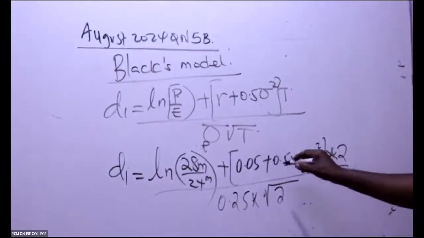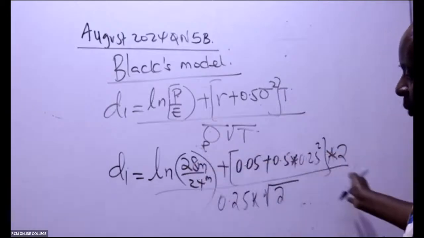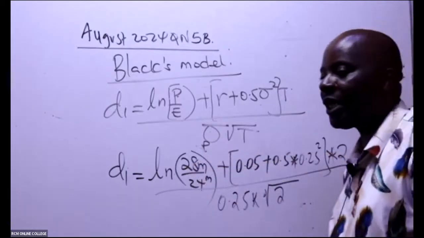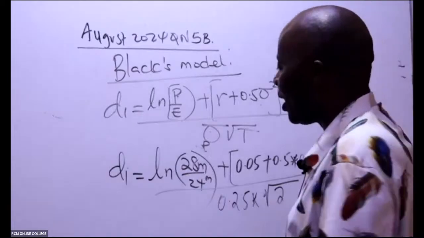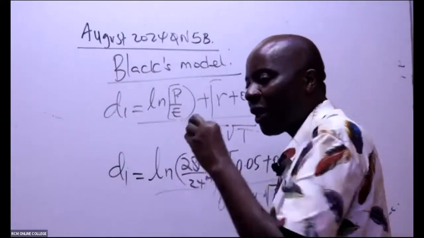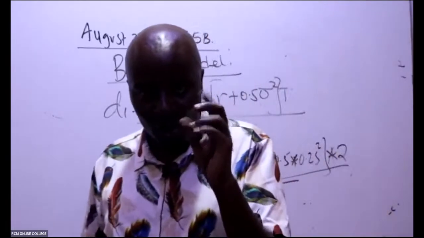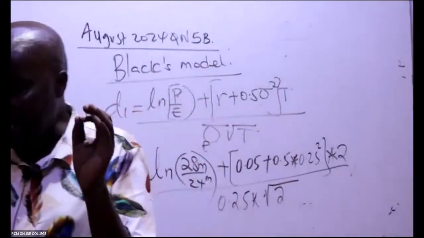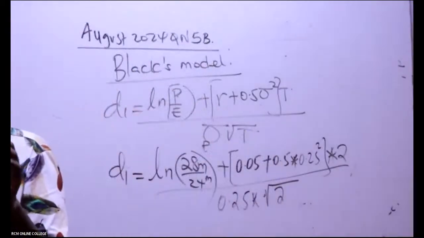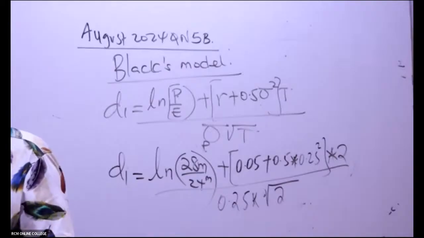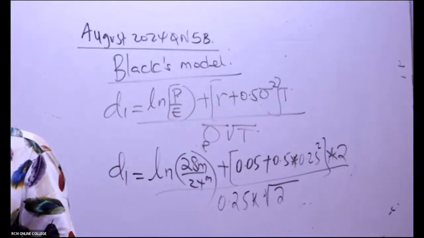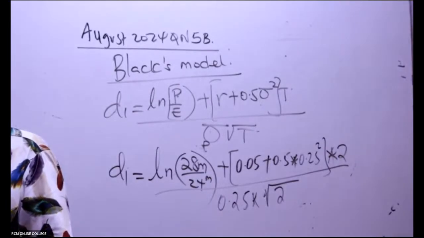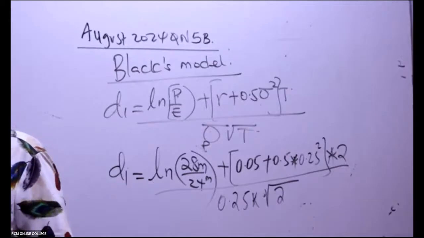So first of all, let's get what we have in the numerator. We shall use any calculator. You say ln. I hope you are able to see where ln is on your calculator there. So you say ln, that ln has to come up, and then you open bracket, 28 million divided by 24 million, you close bracket.